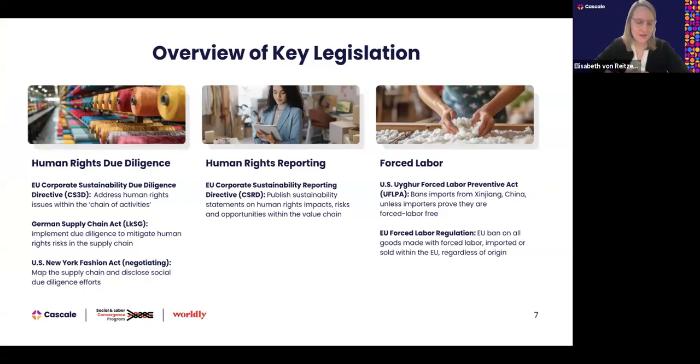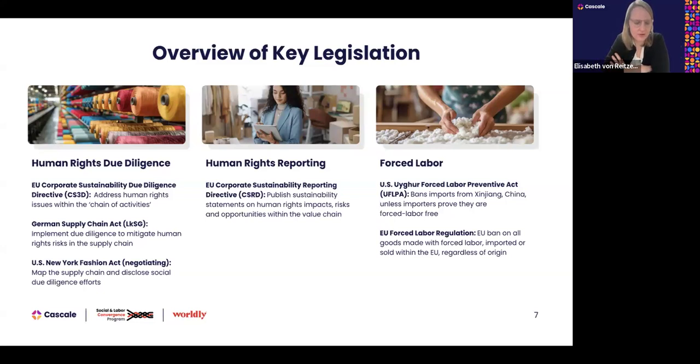Indeed, today we witness a rapidly changing landscape in the field of human rights and forced labor legislation. What does it mean? It's a unique opportunity to align with transformative goals in social responsibility.